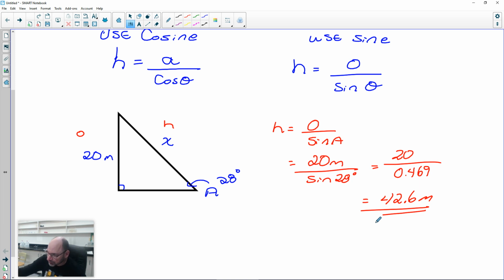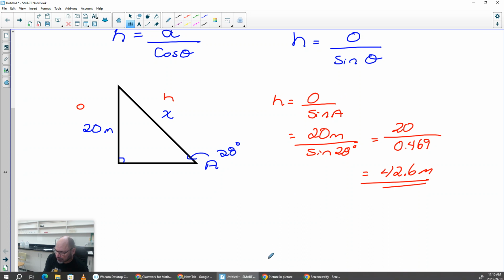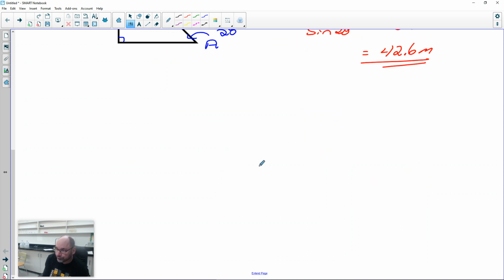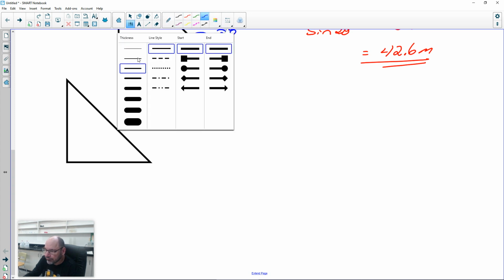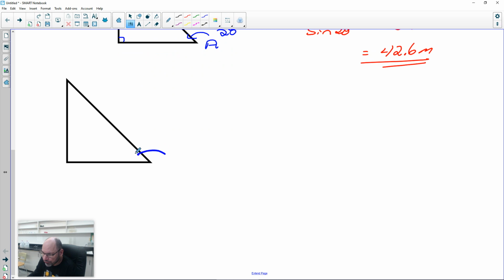Let's do one that uses cosine. So it'll be the adjacent side. So if I draw another triangle here, let's say it's 33 degrees this time.